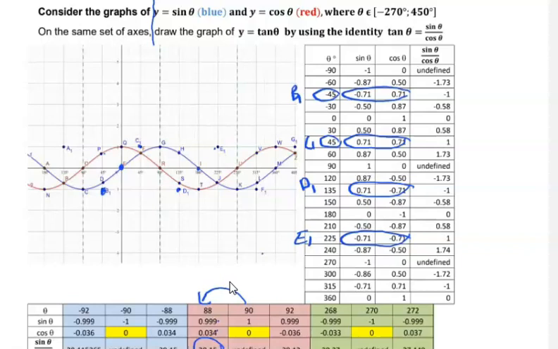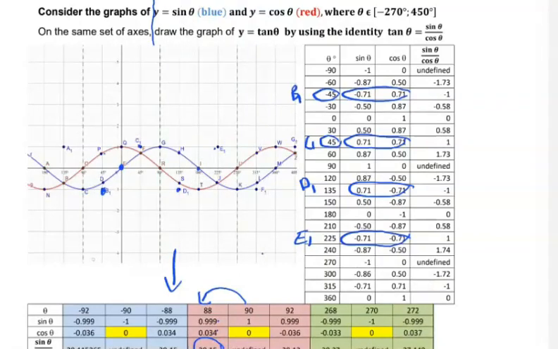But if I look on the right side of 90 degrees, we will notice that we get a negative value. So down here we will get a negative value, and up there we will get a positive value.